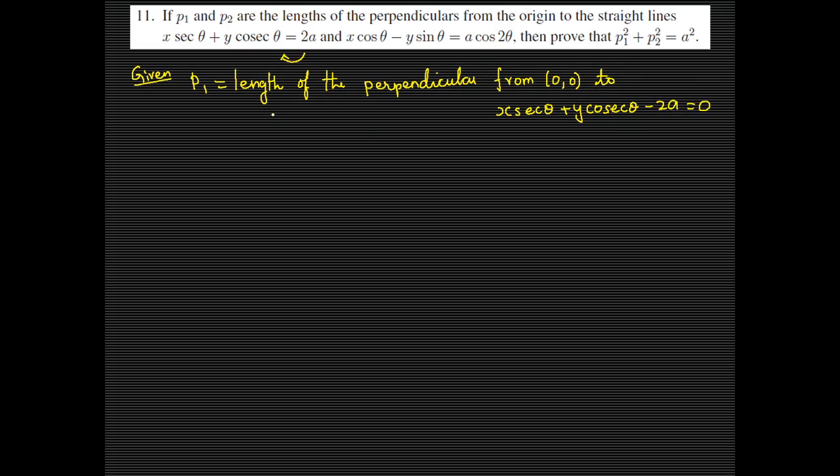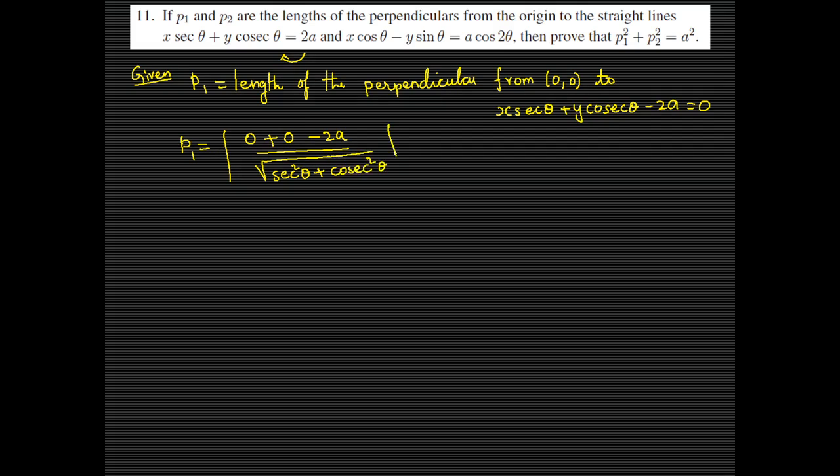Okay, so I'm going to use the distance formula. P1 is equal to modulus of, here, this is the equation of the line. In this equation I am going to substitute this point. If you substitute x equal to 0, the first term will become 0, and if you put y equal to 0, the second term will become 0, and then you are getting minus 2a divided by square root of coefficient of x square, that means secant square theta, plus coefficient of y square, that means cosecant square theta.